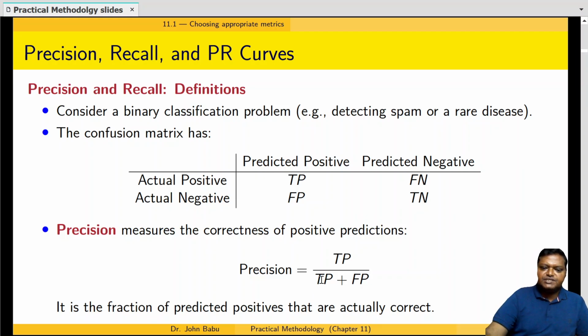So it has predicted some as true positive, which is correct, and some as false positive, which is not correct. Now, what is the ratio of true positive to both of these, true positive plus false positive? This is known as precision. So it gives the fraction of the positively predicted that are correct.